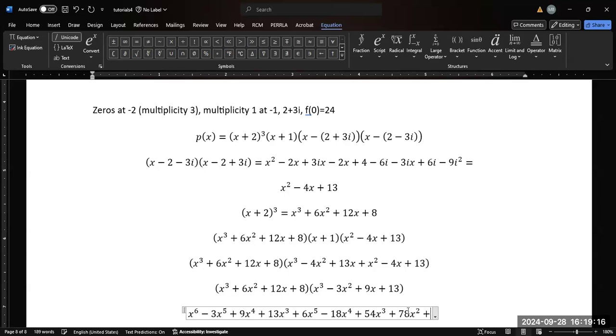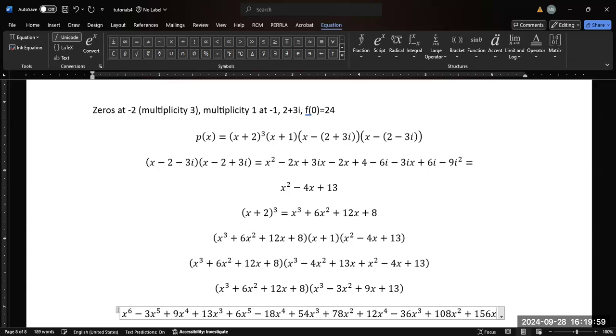And then 12x times x cubed is 12x to the fourth. And 12x times minus 3x squared is negative 36x cubed. And 12x times 9x, 12 times 9 is 108x squared, and 12 times 13 is 156.